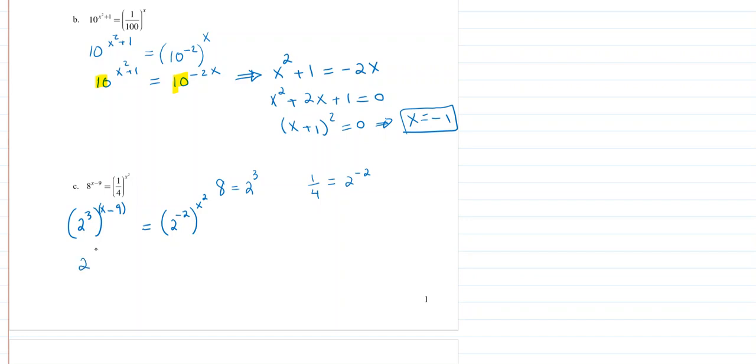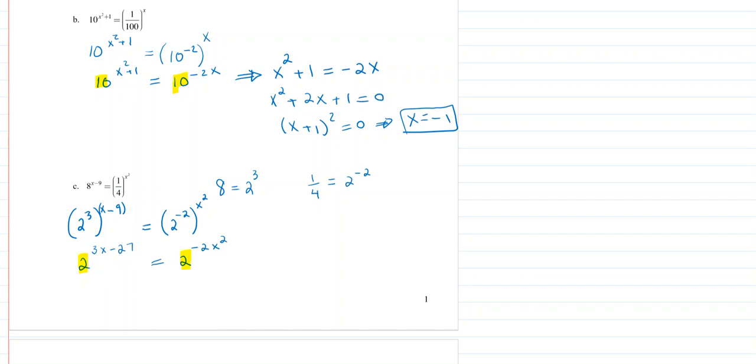So that gives us 2 to the power 3 times x minus 9. I'm going to distribute that 3, and that gives us 3x minus 27. On the right-hand side, we get 2 to the power of a power, multiply the powers, negative 2x squared. Well, now we have matching bases.